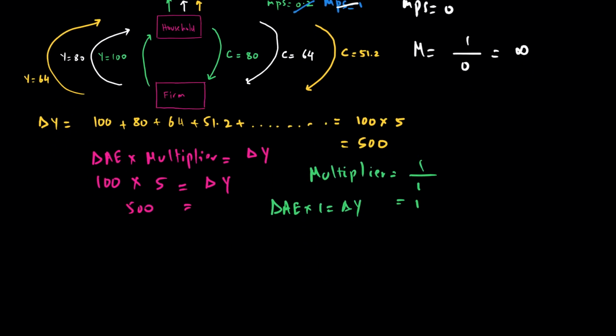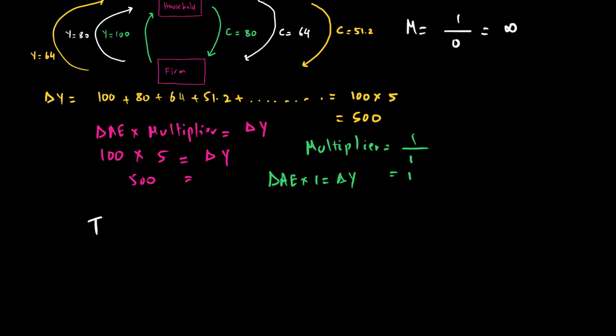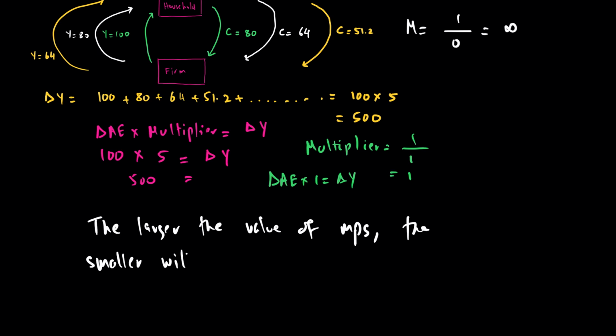Which means, let me write the conclusion: the larger the value of MPS, the smaller will be the multiplier. The multiplier will be very small when your MPS is very high, because we are probably going to be saving a lot of money and not giving back to the economy in terms of expenditure. And that makes sense basically.